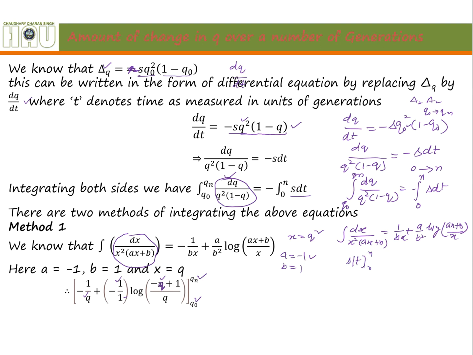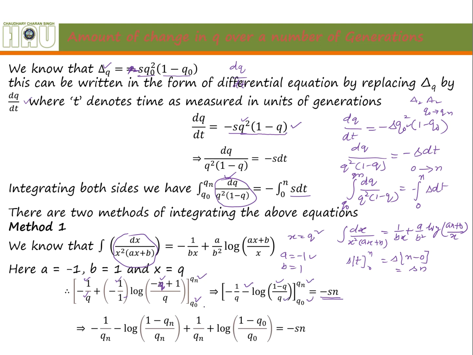And s is there. When t is n, it is s into n, and when t is 0, it is 0. So it is Sn. So you will get minus 1 upon q, minus log of 1 minus q over q in the range q0 to qn. And on the right hand side, I will get minus Sn. Now simplification.